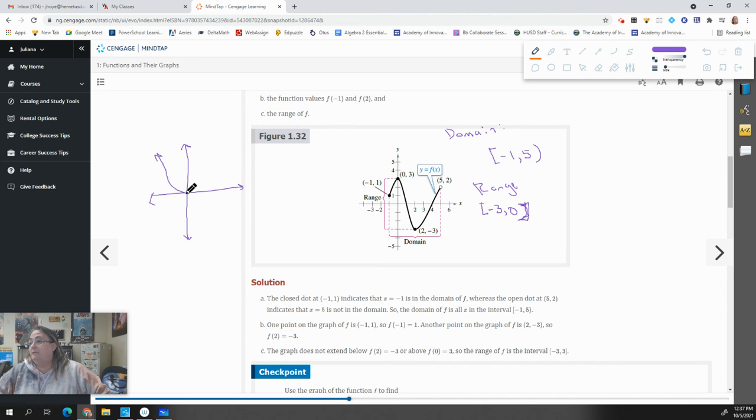We'll do a little parabola. If I'm looking at the domain of this function, this parabola that I drew, pretend that it's even on both sides. I know I'm not perfect. I'm close, but I'm not perfect.